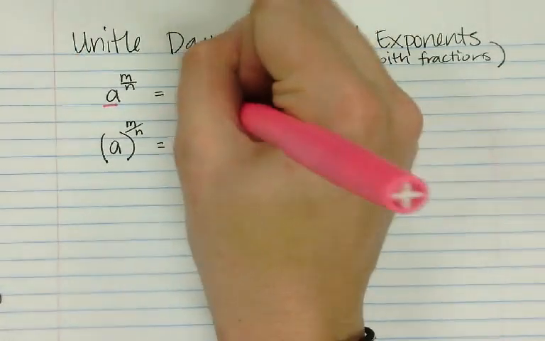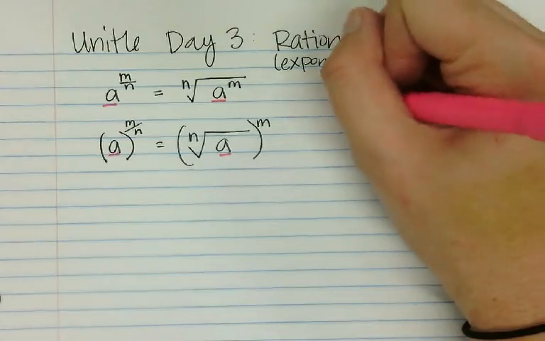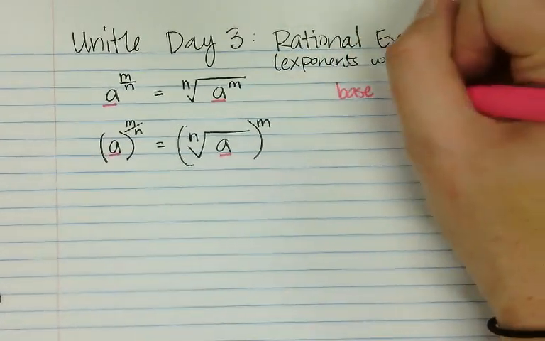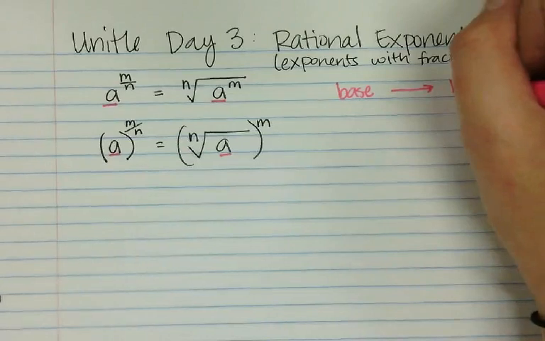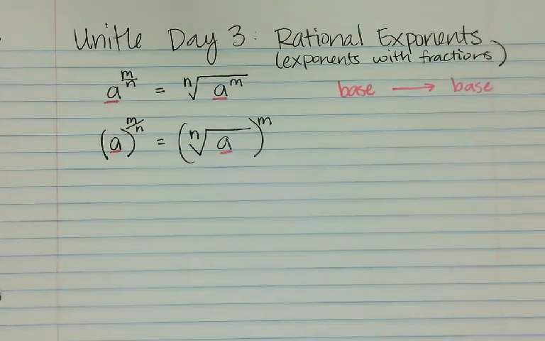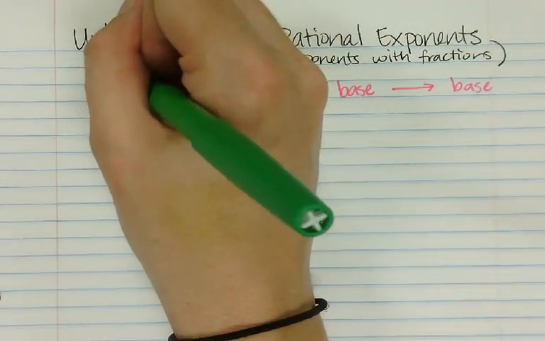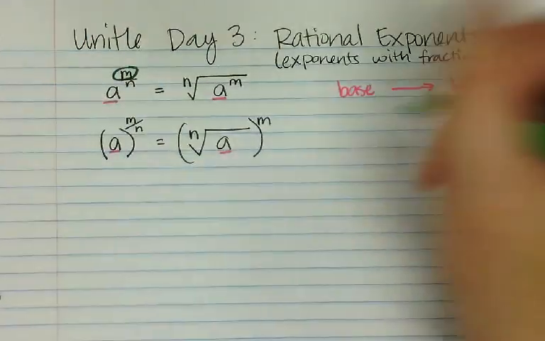So guys, your base, this little a right here is your base. And so when we are going from one to the other, your base stays your base. All right? And then if we are going to go from, let's use green here, the numerator of your exponent up here, which is my m.